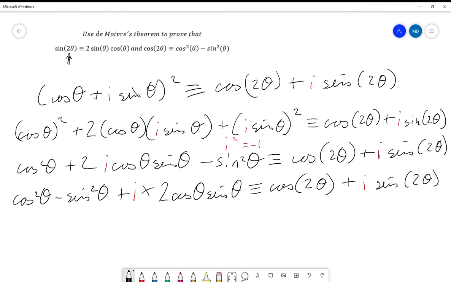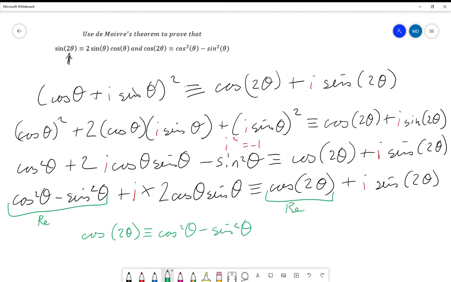And now it's just a matter of equating real and imaginary parts. So our real part here is cosine squared theta minus sine squared theta, and our real part over here is cosine 2 theta. And so from real parts, cosine 2 theta is equivalent to cosine squared theta minus sine squared theta, just as we wanted.